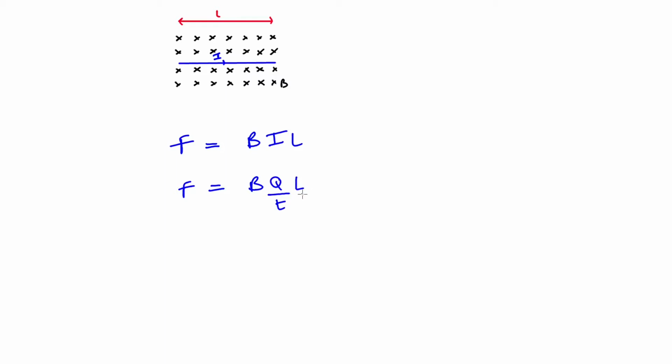So we can replace current I in that formula with the charge that's flowed through that conductor, Q, divided by the time that it's taken to flow, t. But of course, L over t, the distance travelled by the charge passing through the conductor divided by the time it's taken to travel through that distance, will be the speed of the charged particles passing through the conductor. So we can write F equals B Q v.